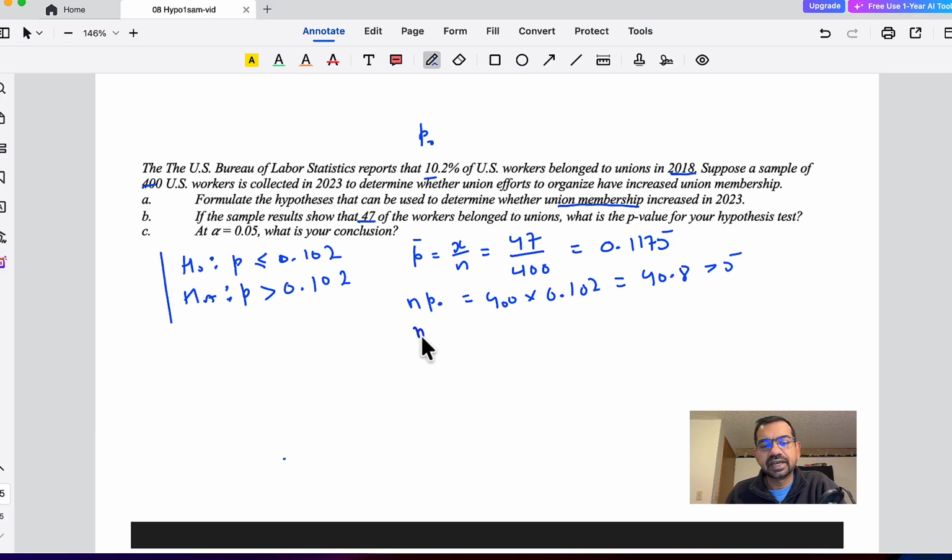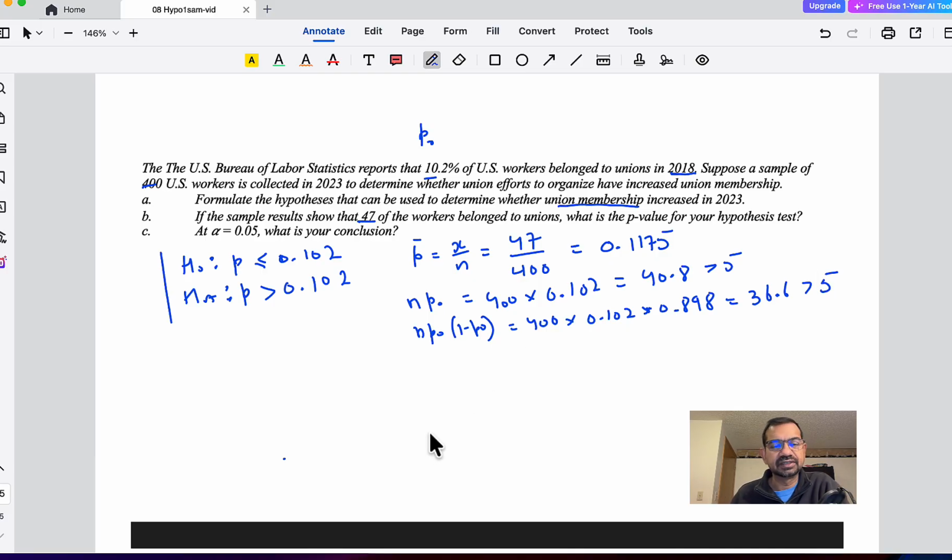And then our n times p naught times 1 minus p naught is 400 times 0.102 times 0.898, and that equals 36.6. That's also more than 5. So we can use the z distribution in this case to test our hypotheses.